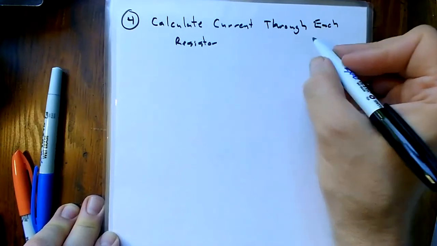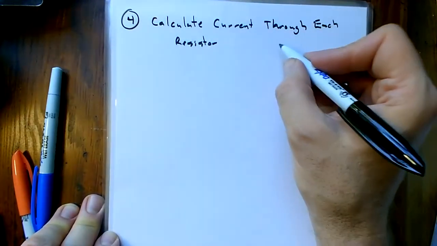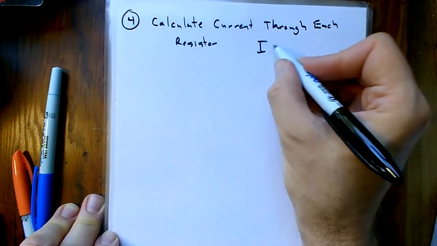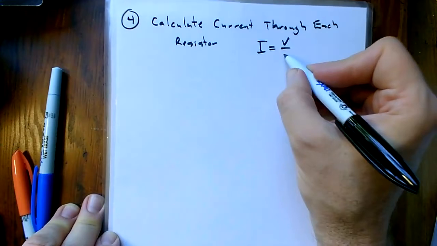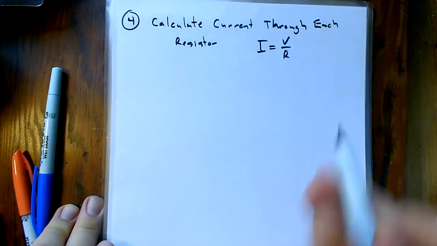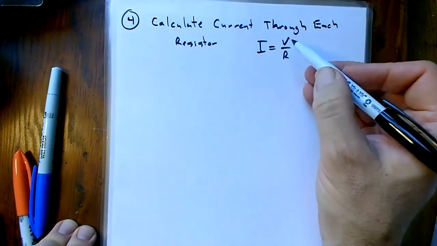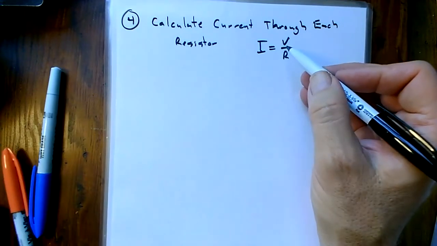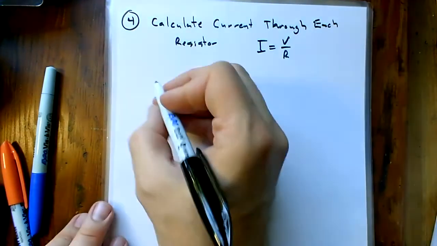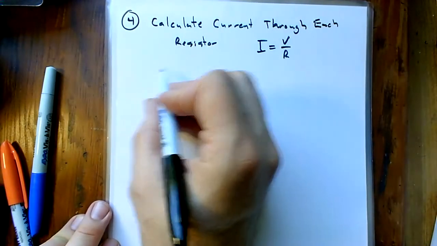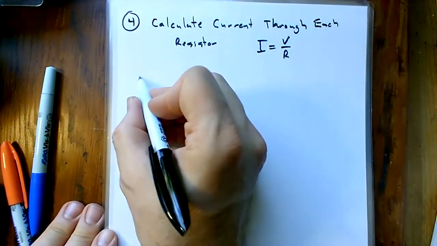Now remember that again, current would be equal to my voltage divided by my resistance. And in this case, I know what each resistance is. I know what the voltage drop across each one is. So with that, it's a fairly simple, straightforward calculation.